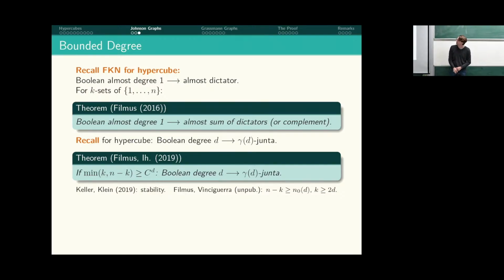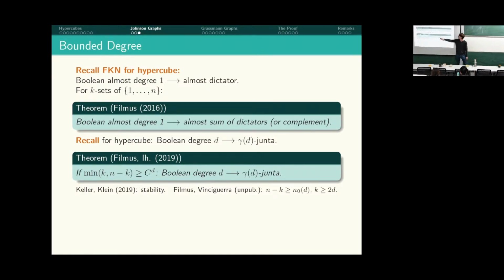And you have that for the hypercube, if you have a Boolean degree d function, then it depends on a constant number of variables. So the number only depends on d. And when you impose some restrictions on k and n minus k, then you get exactly this bound, gamma of d, it's called here also for your Boolean degree d function for k-sets.